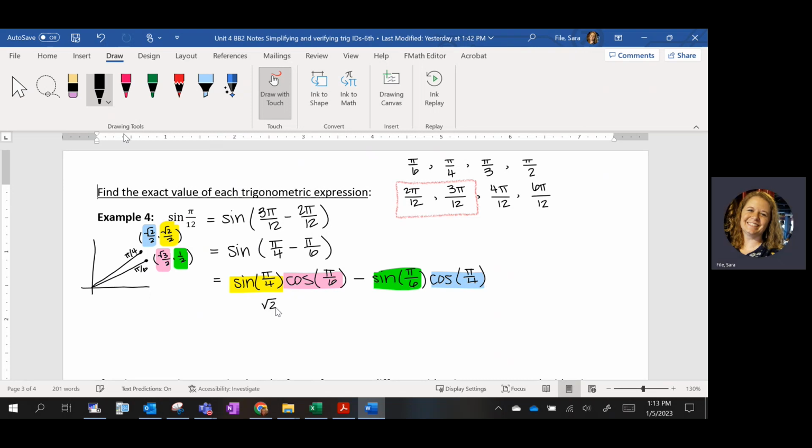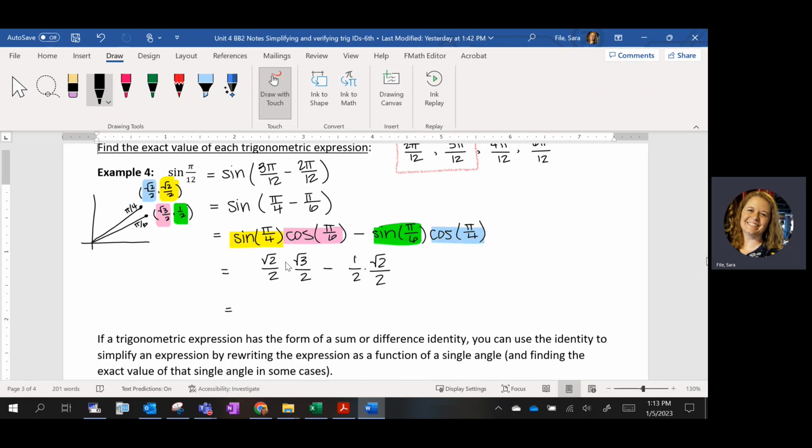So that's root 2 over 2 times root 3 over 2. And that's 1/2 times root 2 over 2. And then I'm going to simplify. When you multiply radicals that are not the exact same radical, can you do that?